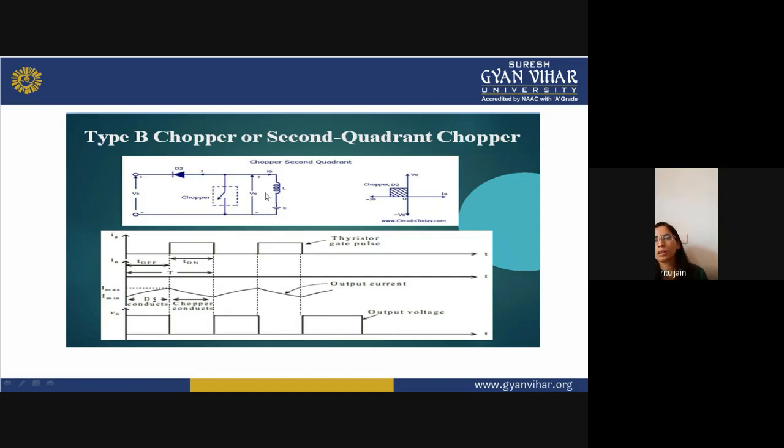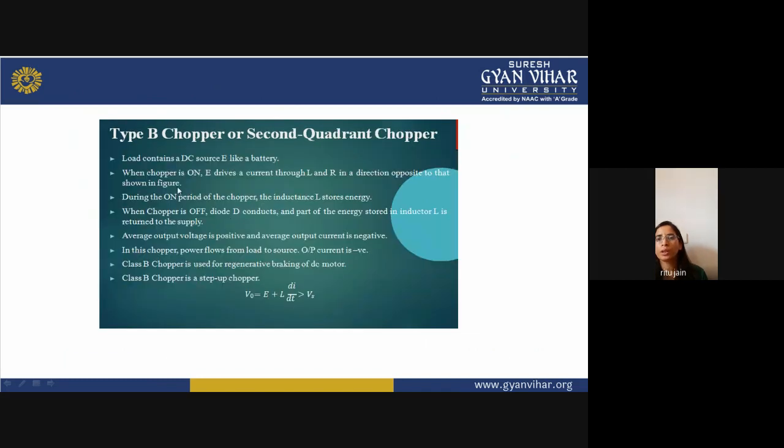So the voltage will be in the positive direction, but the direction of current will be opposite, and the current flows in this direction. During the on period of the chopper, the inductance L stores energy, and E drives a current through L and R in the opposite direction.